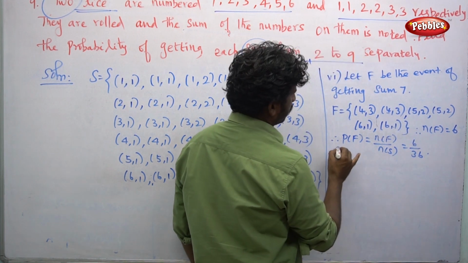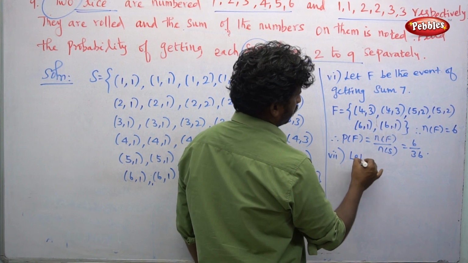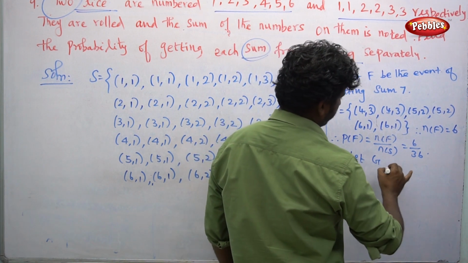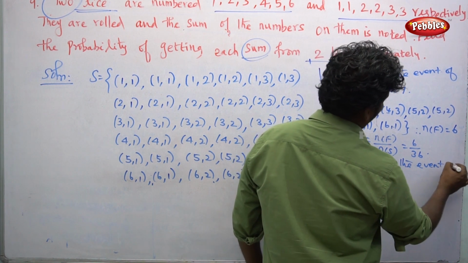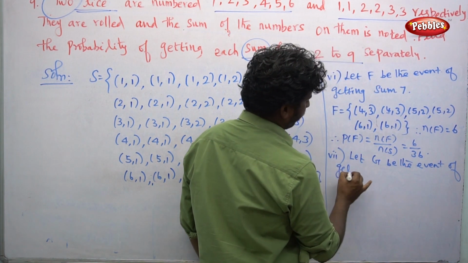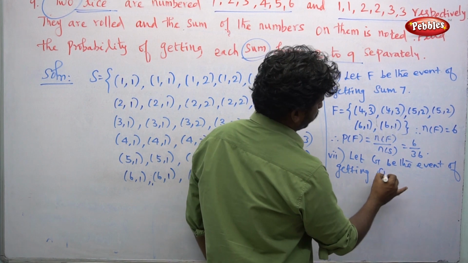Now next let G be the event of getting sum 8.